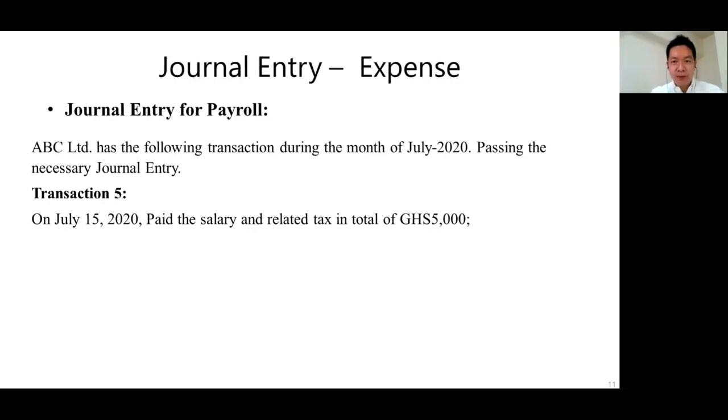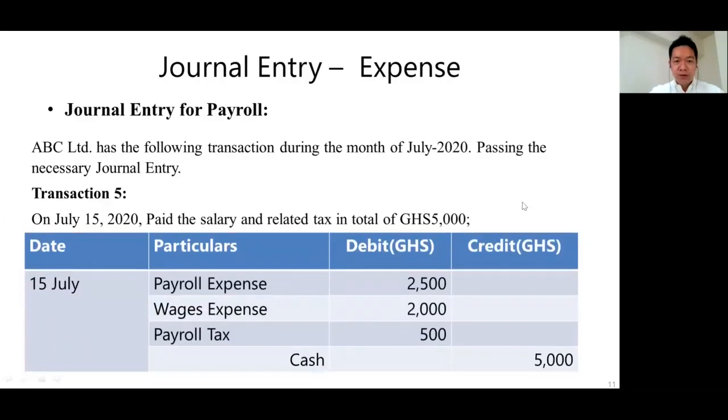The next example is an expense about the salary. The company paid the salary and related tax in total of 5,000 Ghana cedi. Although the breakdown is decided in this way, please refer to the account title and which side we record.